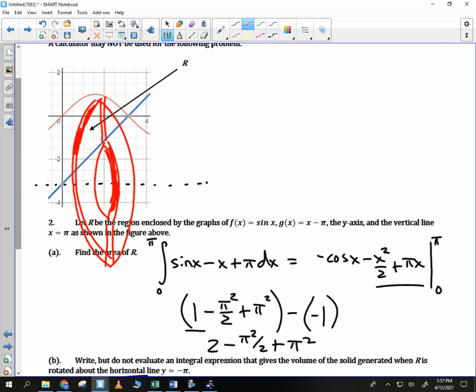Is the thickness of the washer dx or dy? Definitely dx. What makes this line right here the center of the washer? Negative pi. Y equals negative pi. Tell me what makes this one right here.